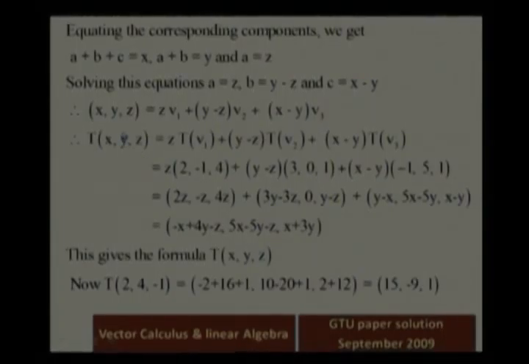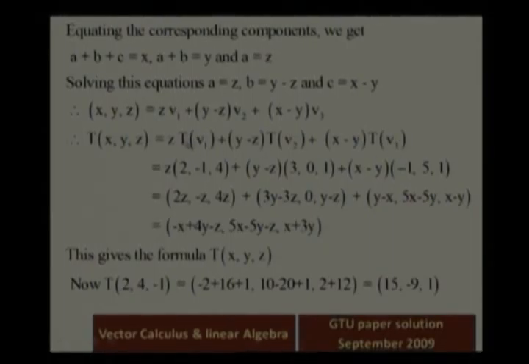Now operate the transformation T on both sides, and we know that T is a linear transformation, so we can write this equation: T of (x, y, z) is equal to z into T of V1 plus y minus z into T of V2 plus x minus y into T of V3.